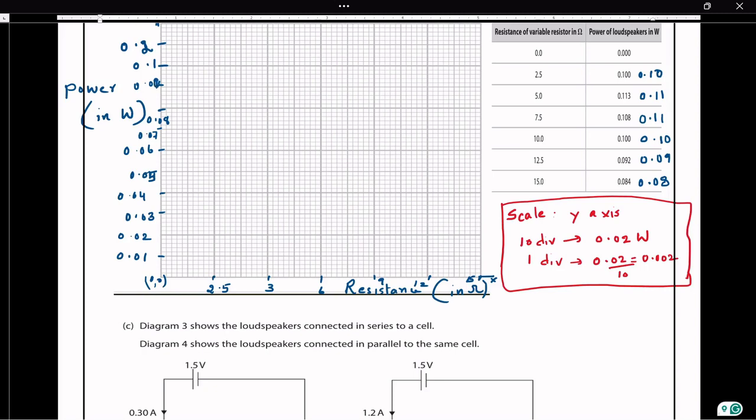Oh, this is 0.09, then 0.1, and then 0.2. Okay, the value is 0.12. The first value is for 2.5, it is 0.1. Then for 5, 0.11.